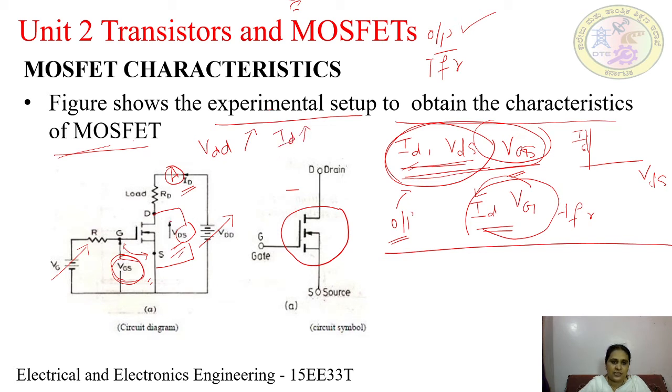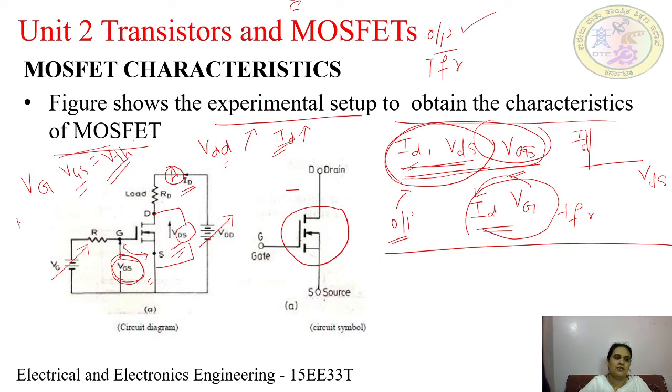But if the MOSFET itself is off, then however much I vary VDD, VDS is going to change but ID is not flowing at all because the MOSFET is off. We have to ensure that I vary VG such that VGS, the gate source voltage, the input voltage of the MOSFET, is equal to VTH. If this is equal to VTH, then the MOSFET is on.